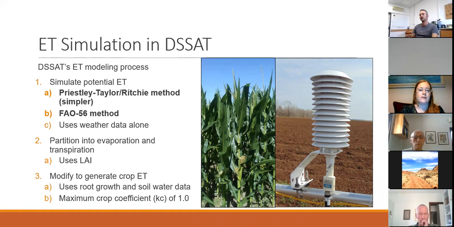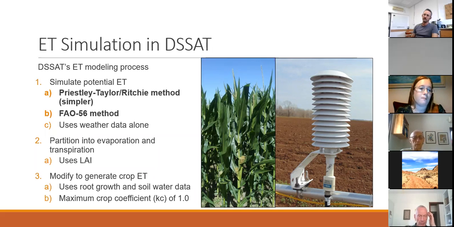So in the Priestley-Taylor-Ritchie method, it's a bit simpler. It only uses, I believe, temperature and humidity, and then the FAO 56 method adds in wind speed and solar irradiation. And both of these methods are sort of the jumping off point. To compare them, we actually used both in this study.